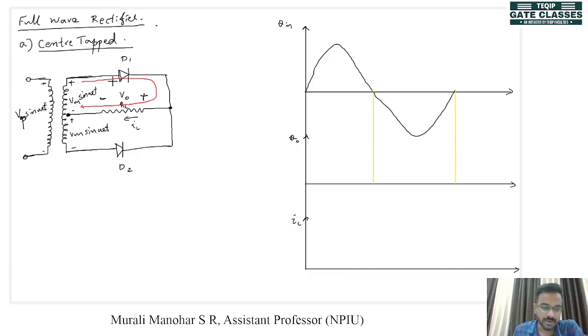So during the positive half cycle of the input, the output will be this is Vm sin omega t, which is what we consider as the input, not this. Okay, so the output will be the same as Vm sin omega t.